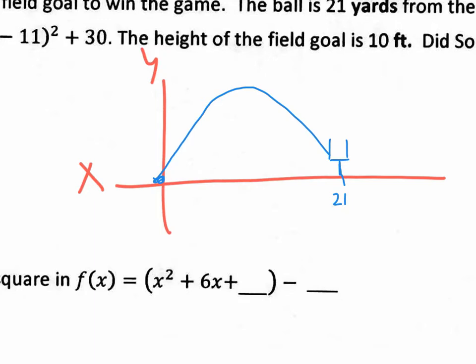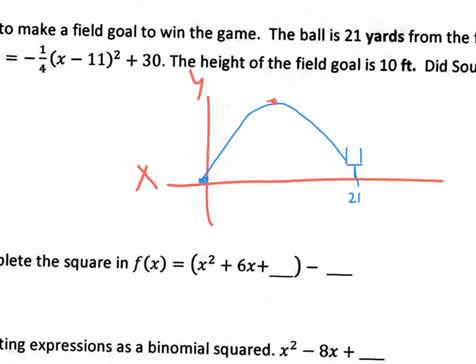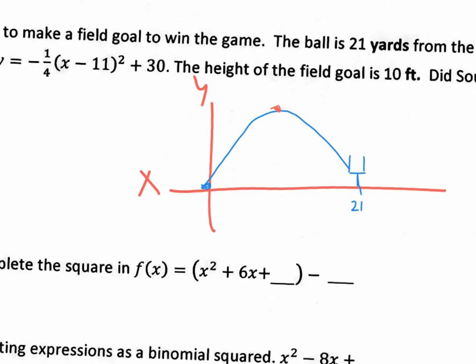What would the max height actually be according to that word problem up there? It would be 30 feet high, right? If you wanted to label it as a coordinate itself, you would say 11, 30. So from the ball to the middle, that would be 11 yards.